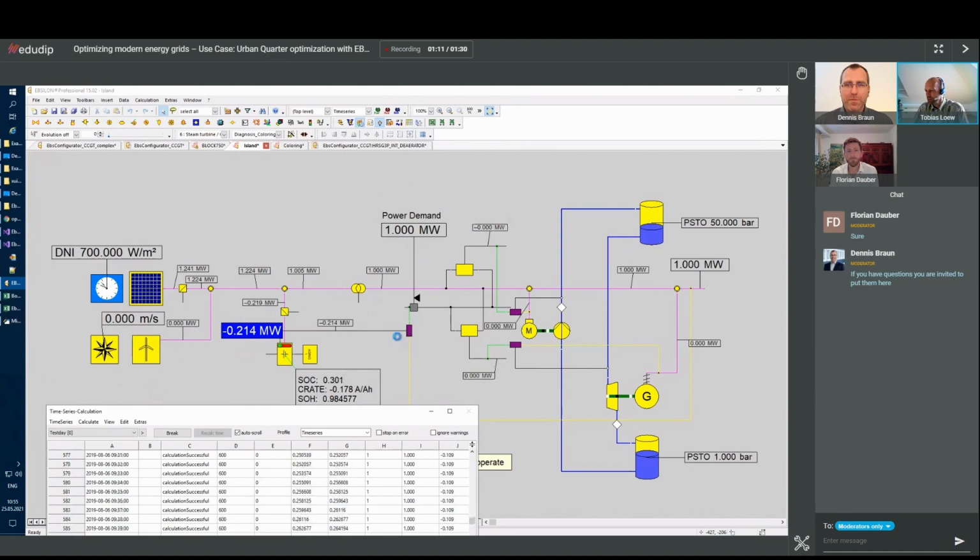And we have some controllers in here, these violet boxes are controllers, which ensure that for each point in time, the correct energy sources and drains are used.